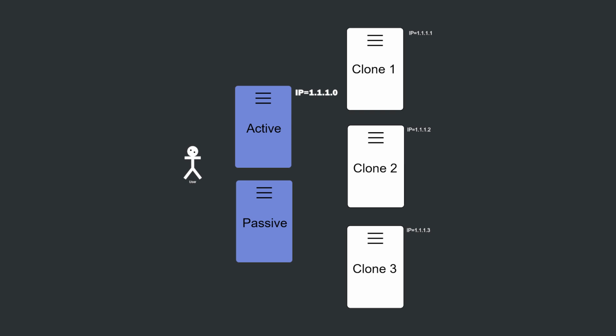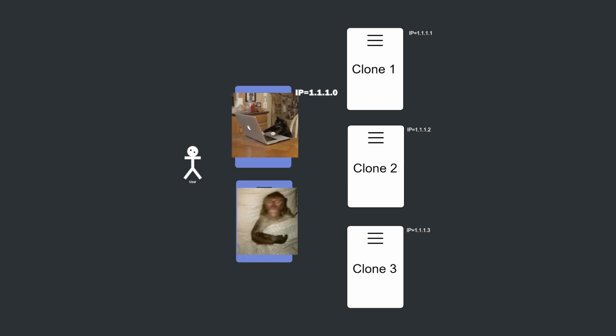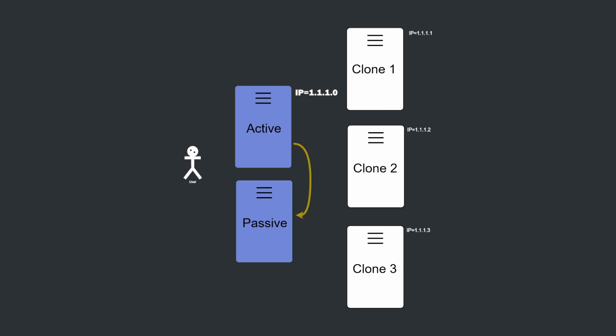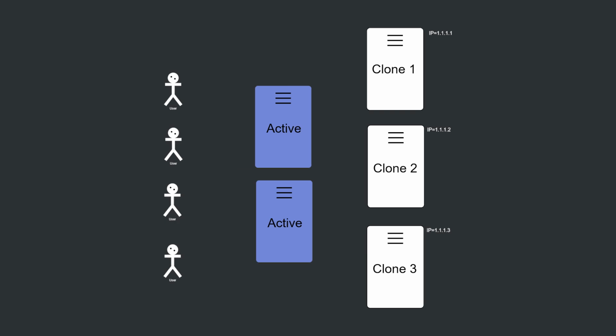Active-passive means that you have one actively working load balancer, and a passive backup one on standby. The active one sends heartbeat requests every couple of seconds to the passive one, telling it that it's alive. If for some reason the passive one stops receiving heartbeats, it takes the IP of the active one and becomes active itself. In active-active configuration, both are splitting the traffic.